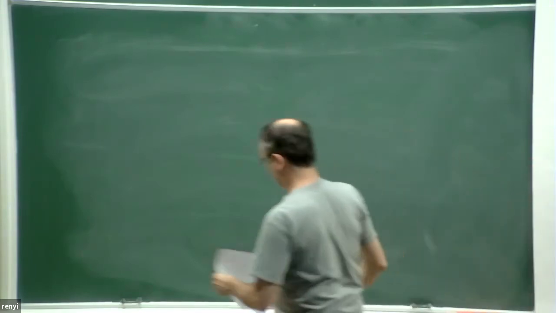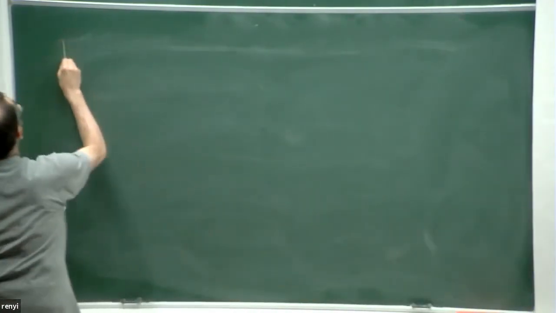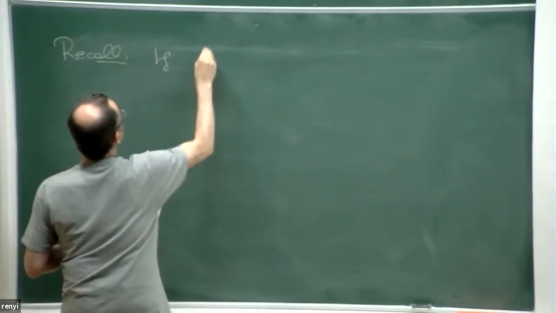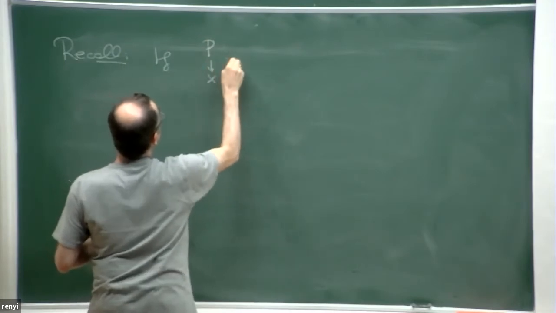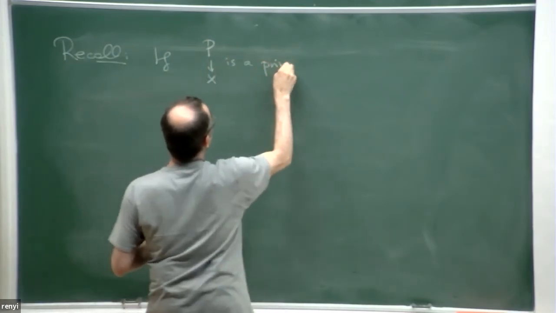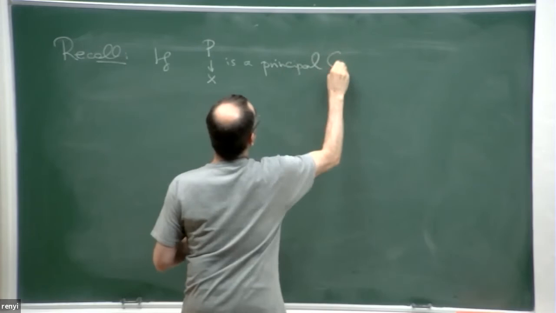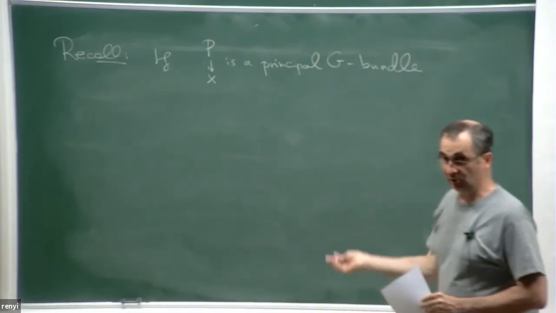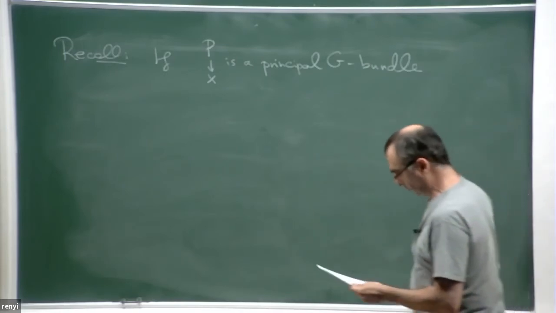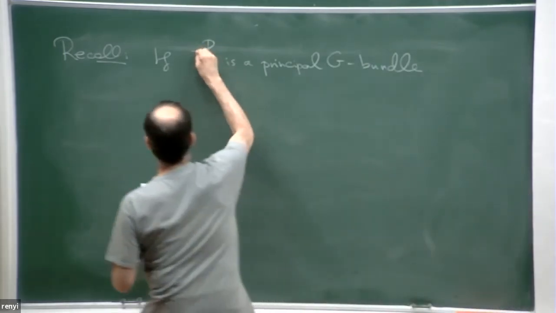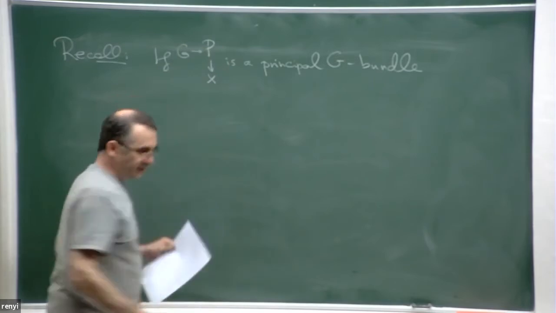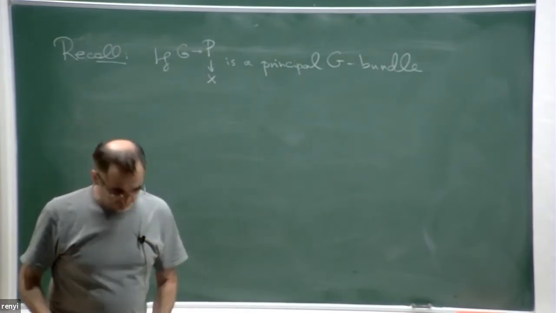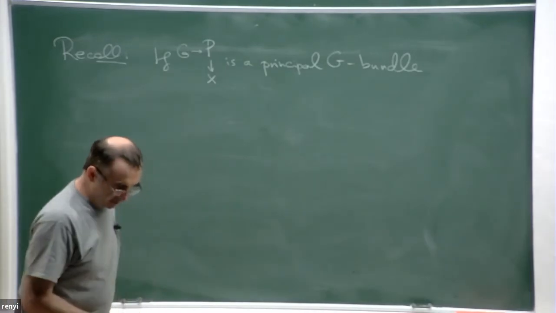So recall, if P over X is a principal G bundle, where G is just a randomly chosen Lie group, so the fibers all look like G, but they are not canonically isomorphic to G. They are sort of affine Lie groups.